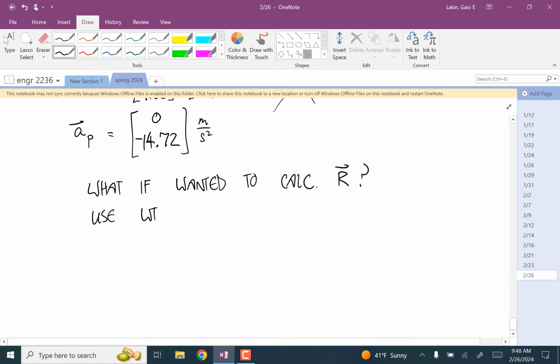You'd use the watermelon equation to find the acceleration of the center of mass, and then use Newton's second law.